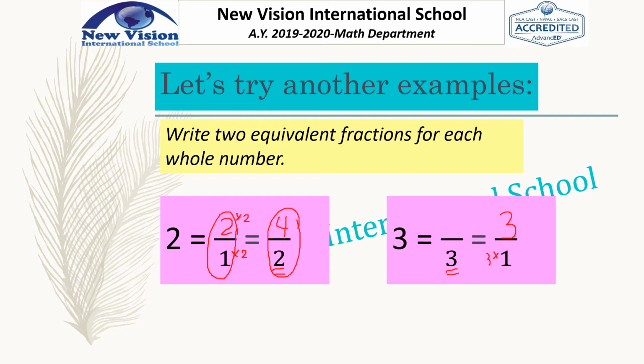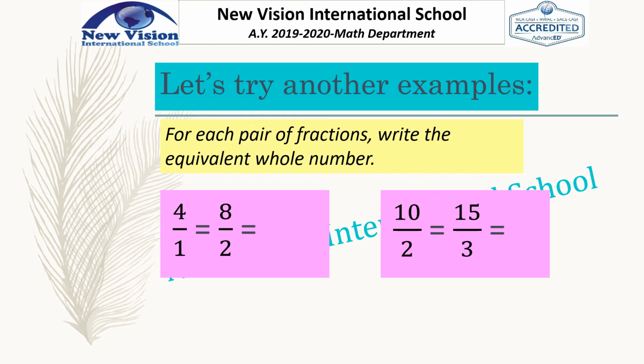Now, since you are multiplying 3 to the denominator, what are we going to multiply to the numerator then? We're going to multiply it with a 3 also. So 3 times 3 will give us the answer of 9. Okay, so the two equivalent fractions for the whole number 3 are 9/3 and 3/1. Do you understand? Good job.